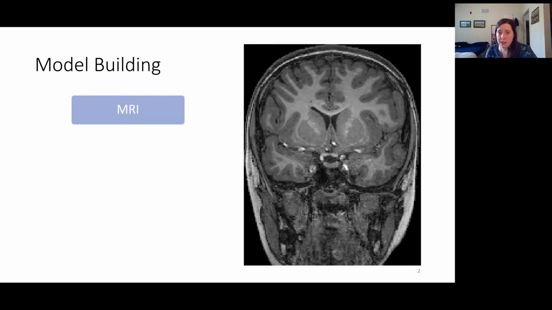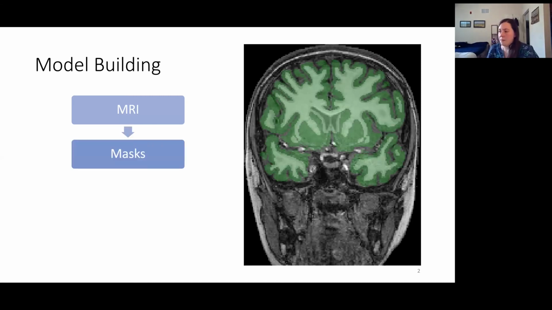The T1 is necessary, the T2 is optional but highly recommended to get an accurate skull and CSF boundary. Then using something like HeadReco, you can get the masks for the different tissue types. In this case, I'm just showing gray matter and white matter masks.